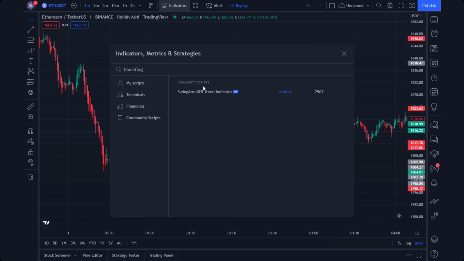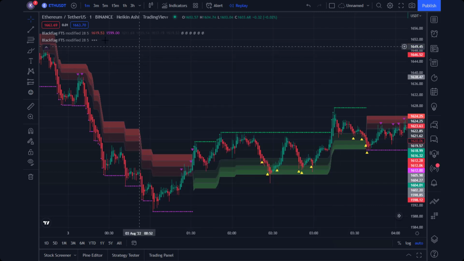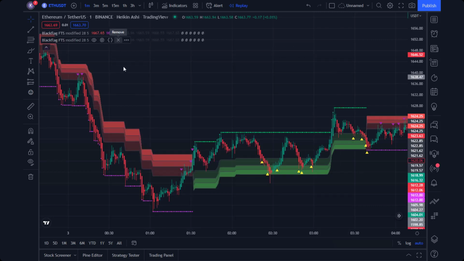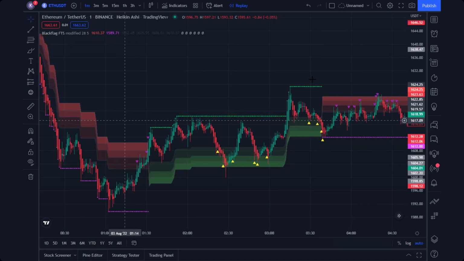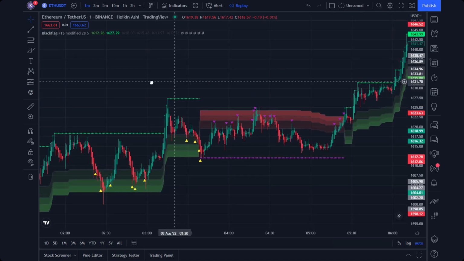When you search for black flag, this indicator will appear: Swing Arm ATR. Even if you search for swing arm instead of black flag, it will bring the same indicator. Add this indicator to the chart. It is an excellent indicator for filtering errors and fake moving average signals.